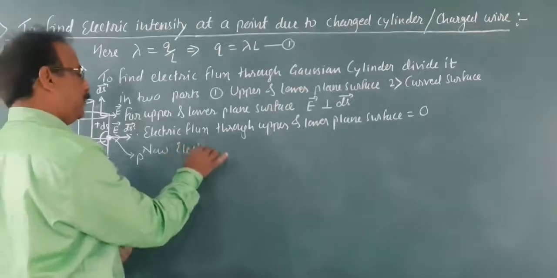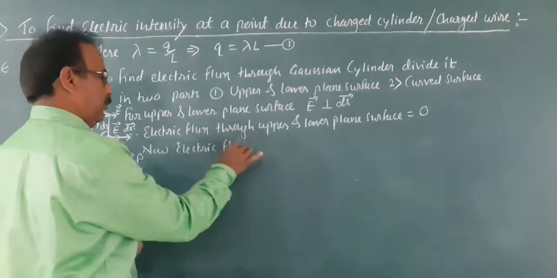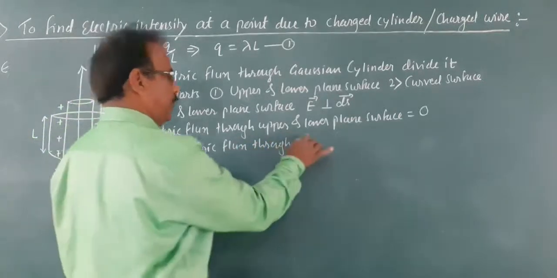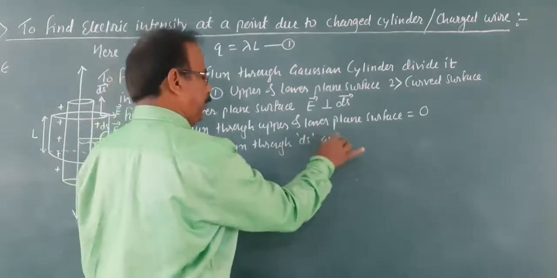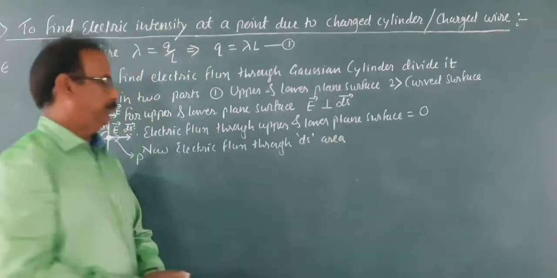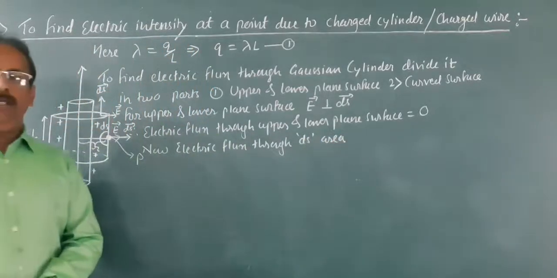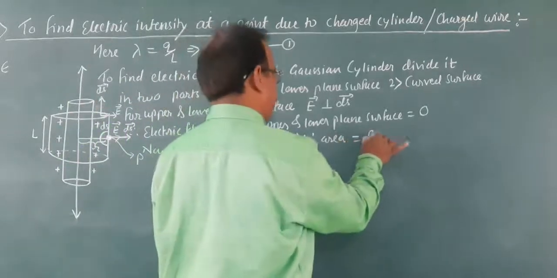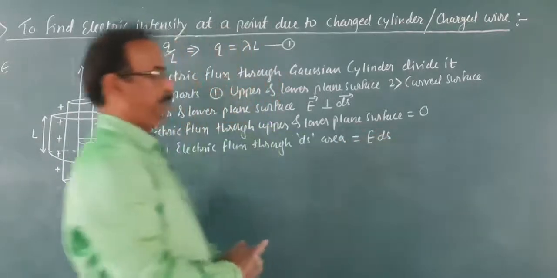Therefore, the electric flux through the ds area is E into ds.